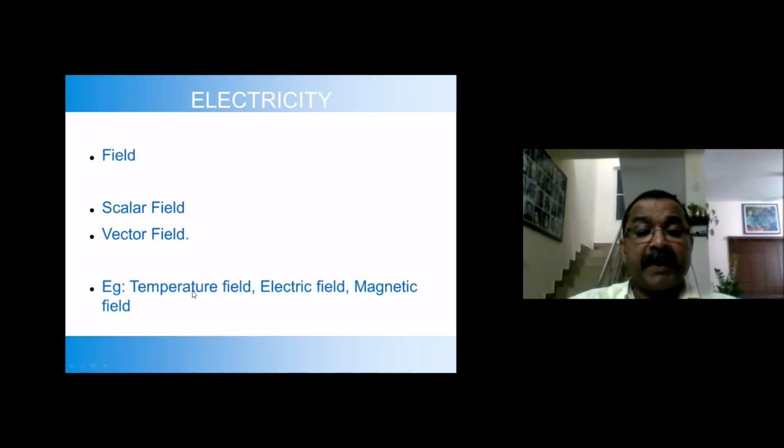So the temperature field is a scalar field. Electric and magnetic fields are vector fields. So we have defined field, and we have seen scalar field and vector field.